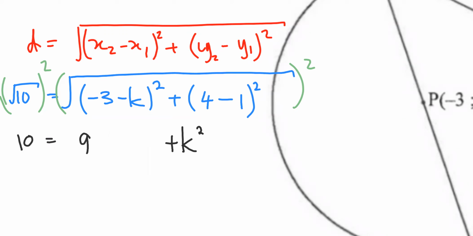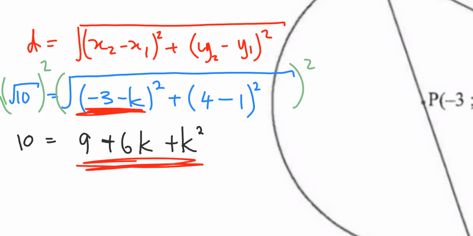And then you double the product of the middle two terms. The product is -3 times -k, which gives us positive 3k, and so we double that, so we have positive 6k. Even though this bracket has a bunch of negatives, when you multiply all that out, you basically just get a bunch of positives. Then we multiply out the 4 minus 1.